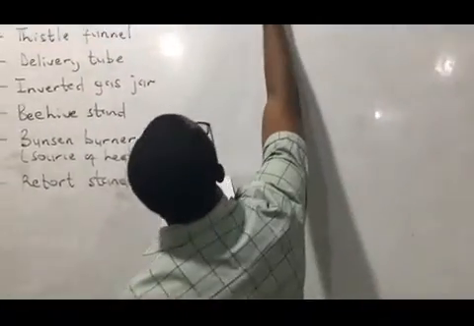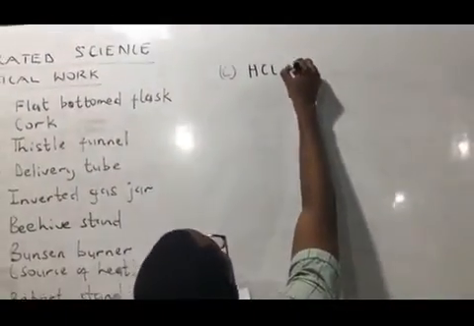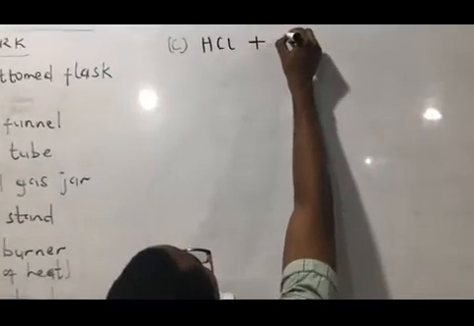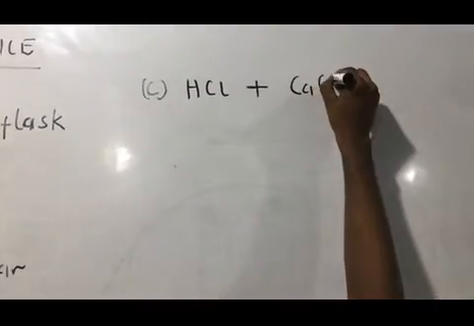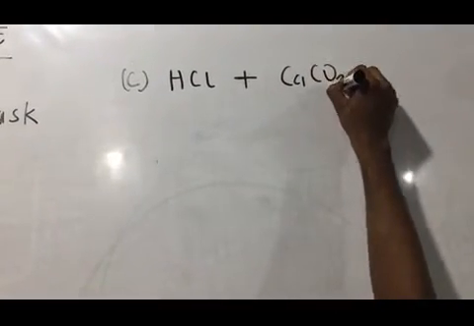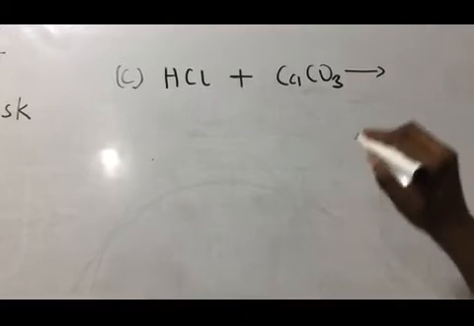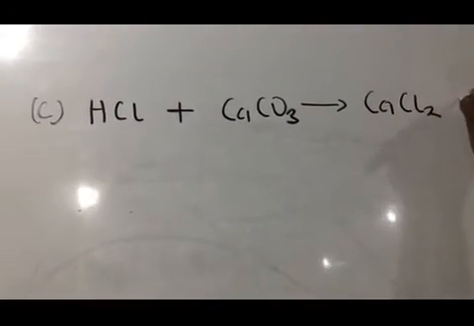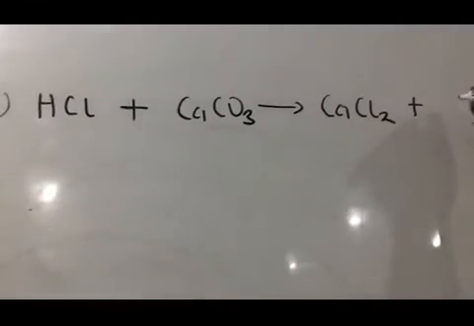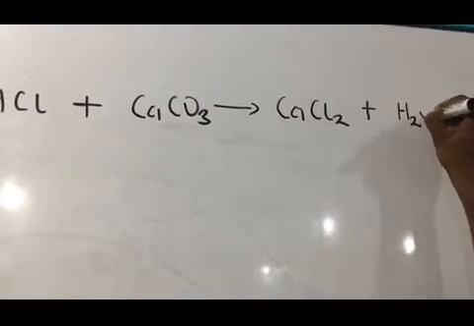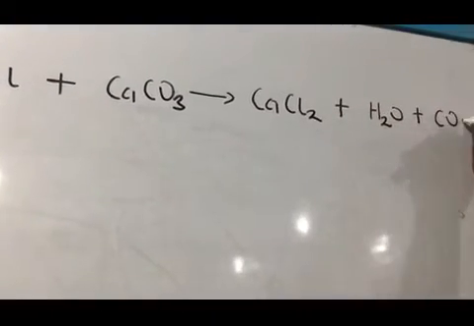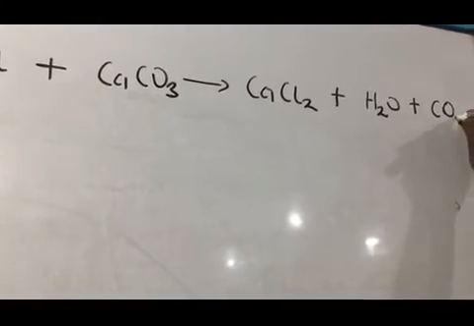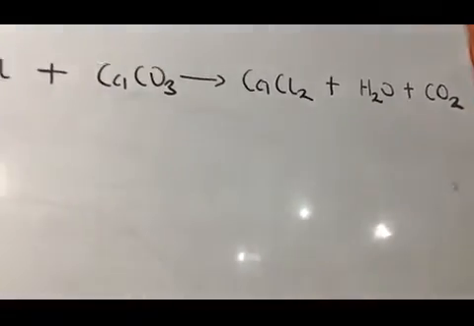So the reaction between dilute hydrochloric acid, that's HCl, and calcium carbonate, which is CaCO3. Your products are calcium chloride plus water plus the carbon dioxide gas that is produced.